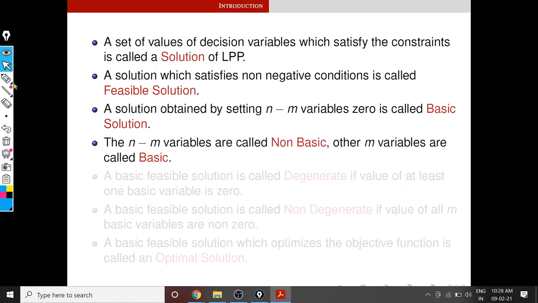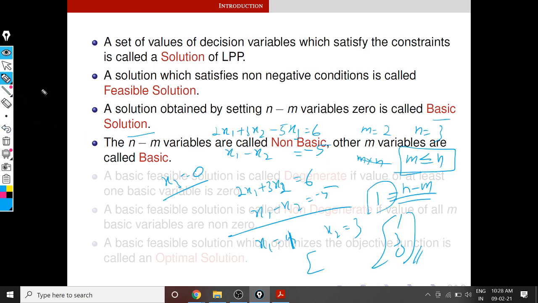Then the n minus m variables are called non-basic. The other m variables are called basic. In this problem, here we set x3 as 0. You got it? So here n minus m equals 1, so this is our non-basic.